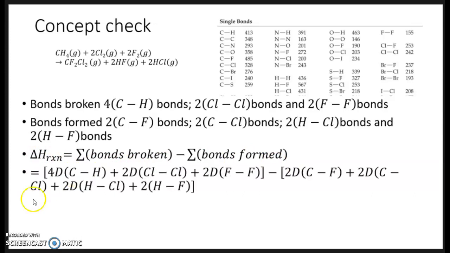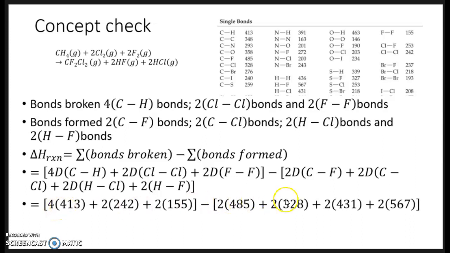We slot that into the equation: 4 times D(CH) plus 2 times D(ClCl) plus 2 times D(FF), brackets closed, minus the sum of 2 times D(CF) plus 2 times D(CCl) plus 2 times D(HCl) plus 2 times D(HF), where D stands for the dissociation energy of the bonds.